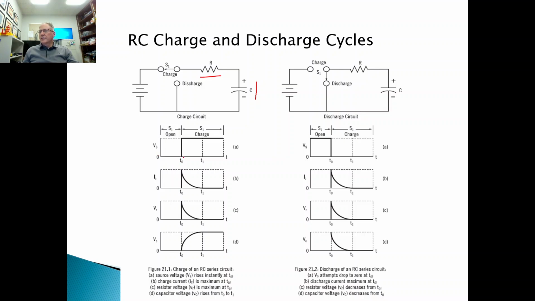When you first close the switch at time equals 0, the voltage at the source is whatever it is at the source. And then over time, the voltage will go down. After a certain amount of time, the voltage across the capacitor will equal the voltage across the source, which will mean the resistor voltage will go to 0.